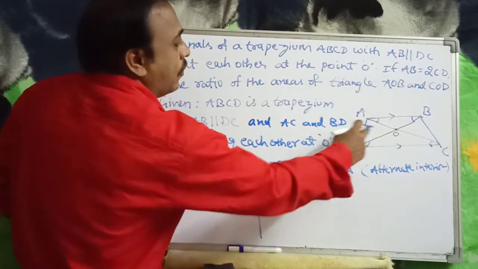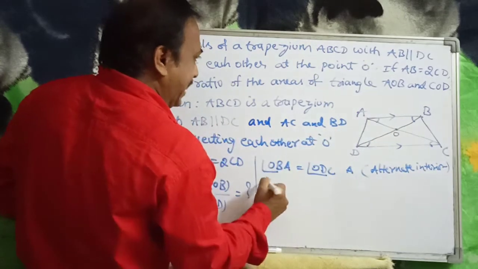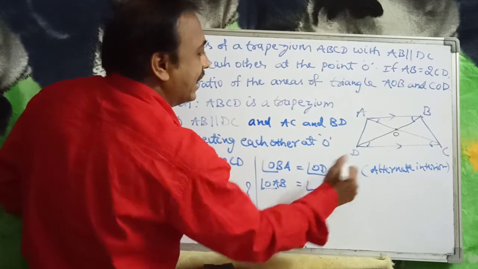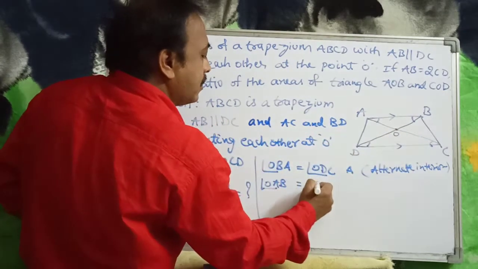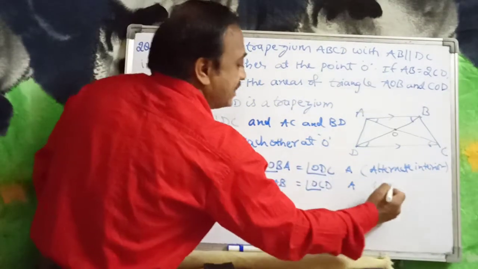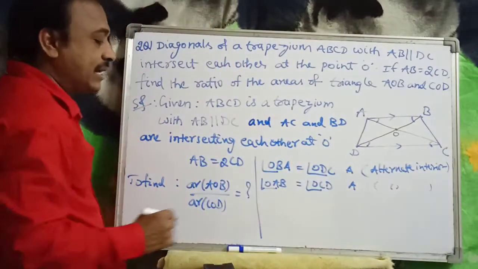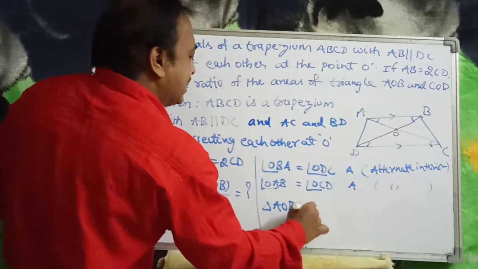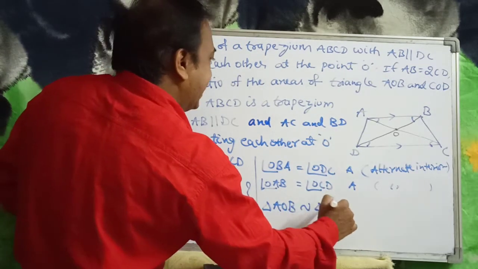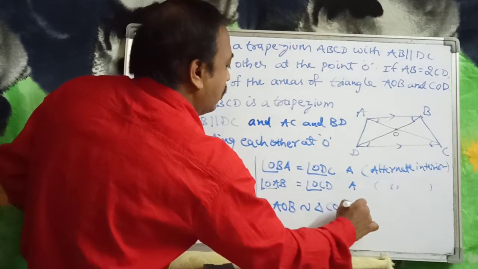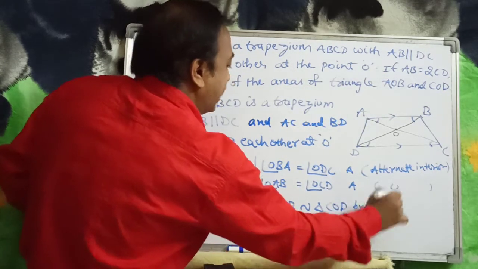Angle OAB is equal to angle OCD, also alternate interior angles. So triangle AOB is similar to triangle COD by AA similarity.